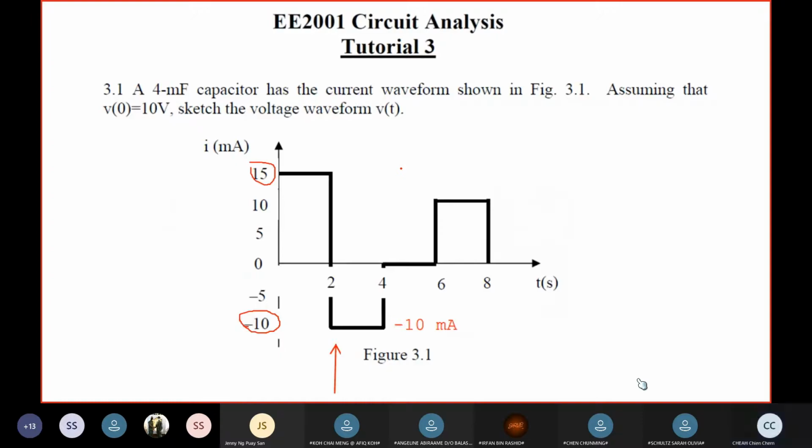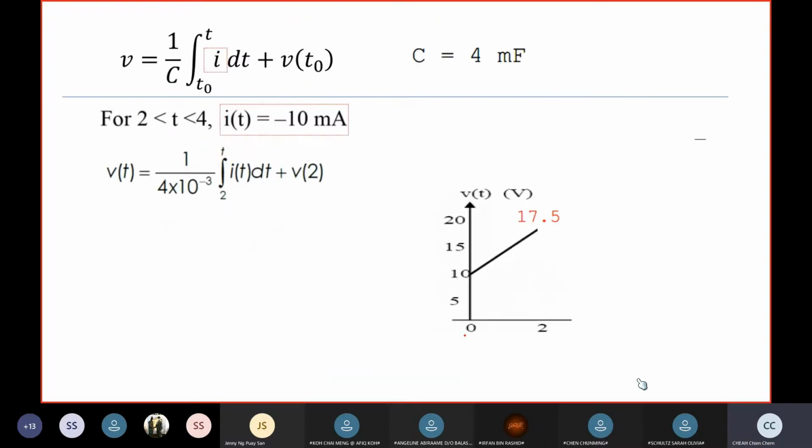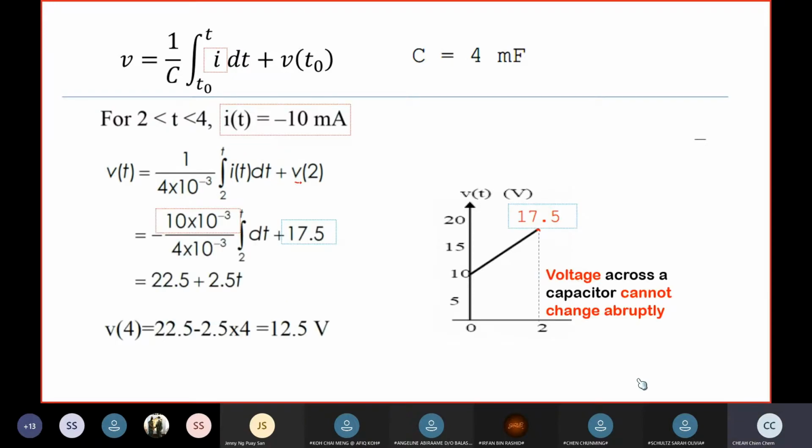Current is now flowing the other way around, which means that it is now acting like an energy source. In this case, let's put this into here. Okay, and then we know that voltage cannot change suddenly. So it has to start from 17.5, right? Put 17.5 here, put negative 10 into here.